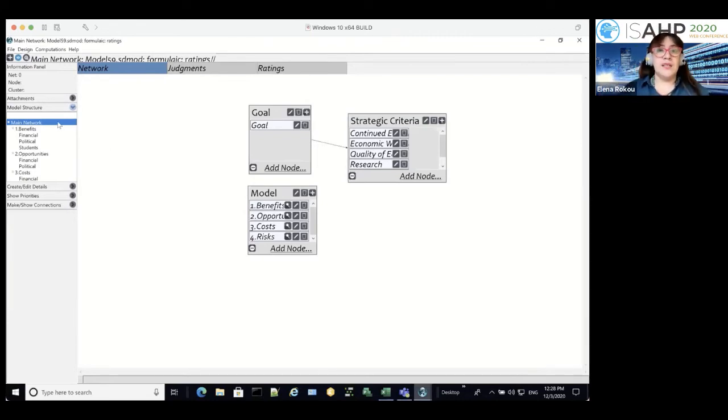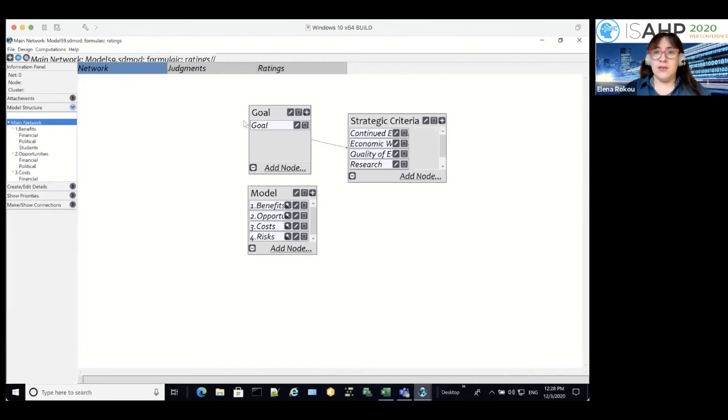So here's my network. Look, the model structure. This model structure over here is the most important part of your BOCR structuring, is the way that we are going to go through the different places.